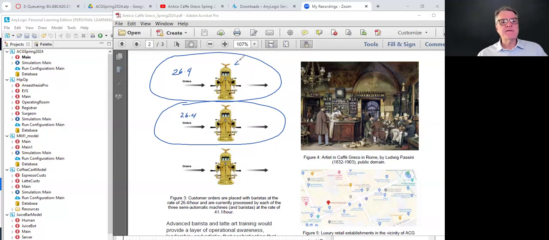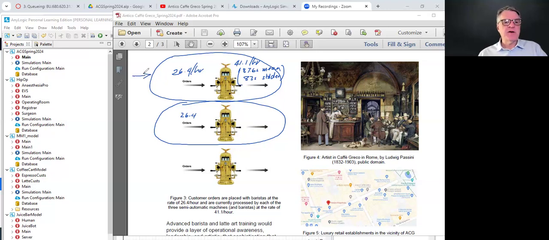They all provide service at the rate of 41.1 per hour. This is equivalent to having a service time of 86 seconds as a mean. And remember that they're sort of all over the park on their standard deviation.